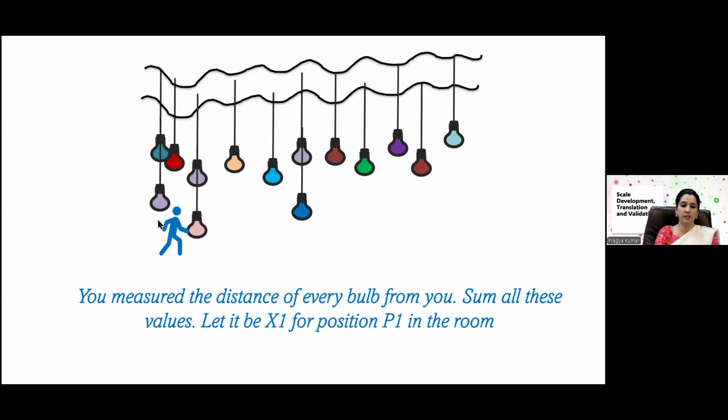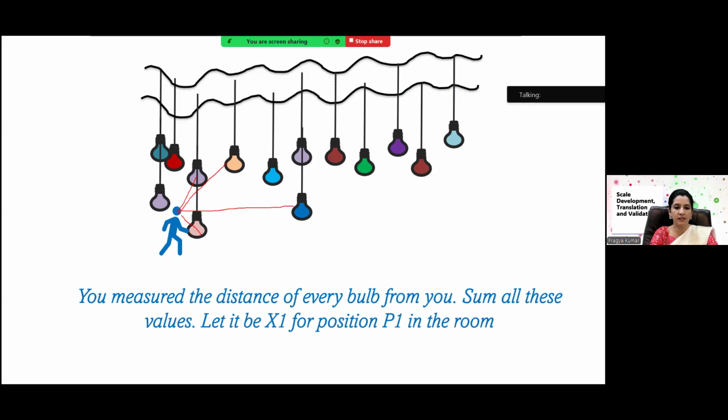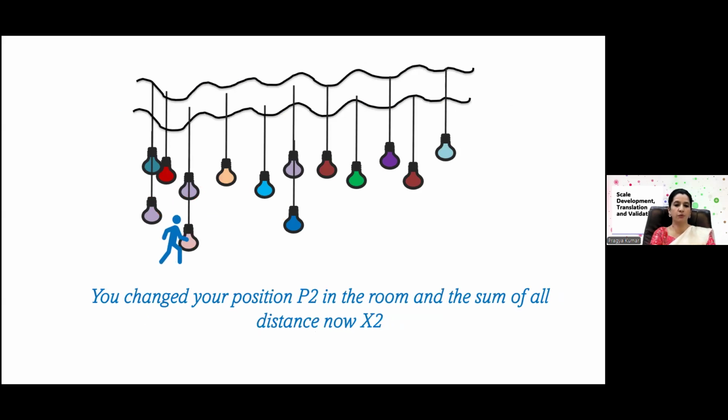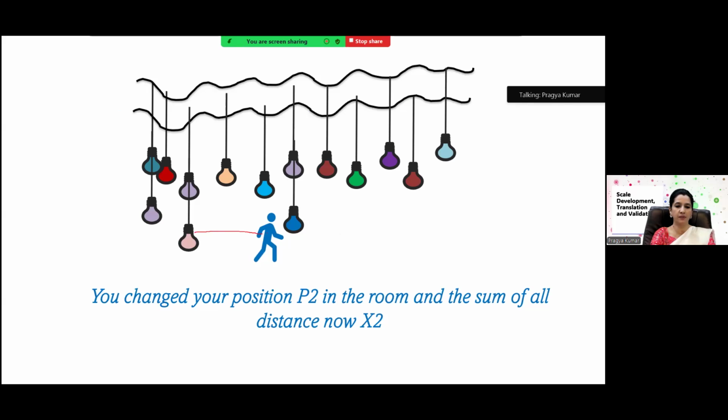So you are measuring this distance, this distance, this distance. Distance is the distance of the item from the construct. Then you average this, so you will have got some position. If you move to this place, again there will be individual distances from each of these items.